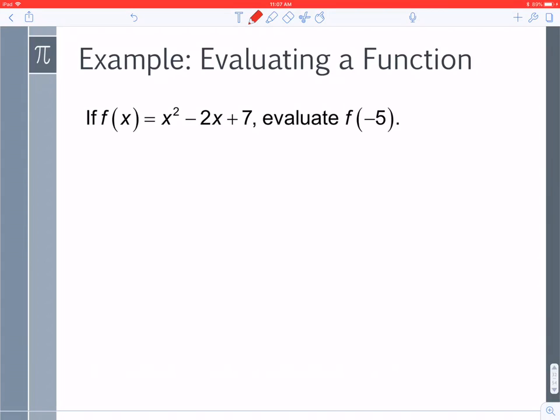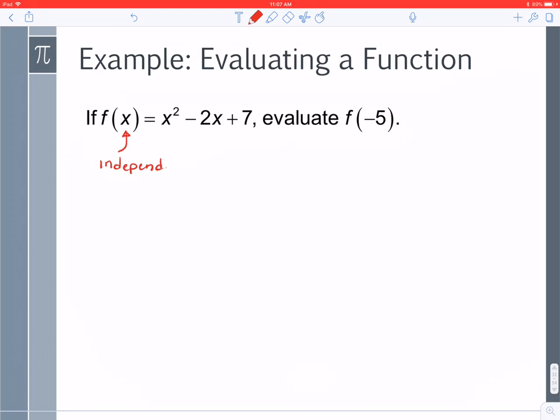In this video, we're going to review how to evaluate a function at a particular value. As you recall, when looking at this function, which is read f of x equals x squared minus 2x plus 7, x is the independent variable.